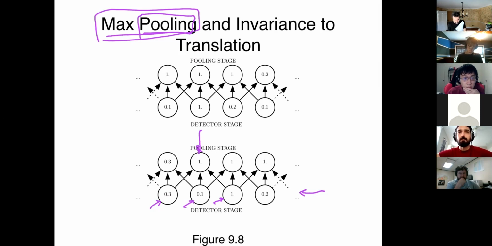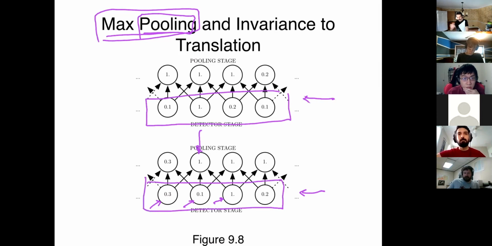So for example, in this case, invariance to translation means that if you translate your input, how does this affect your output, okay? Let's start by considering this as your input, and we translate it to the right, so meaning that we put this one here.